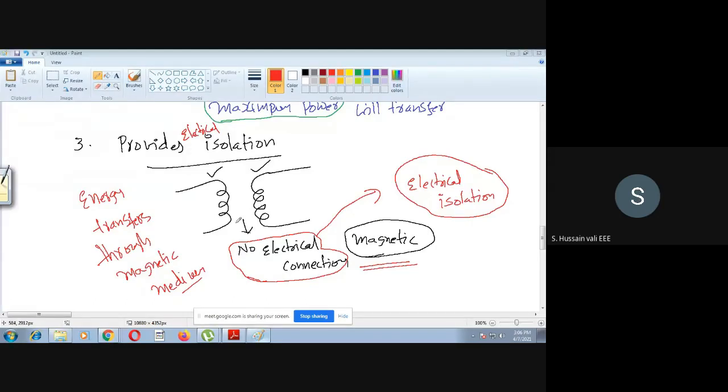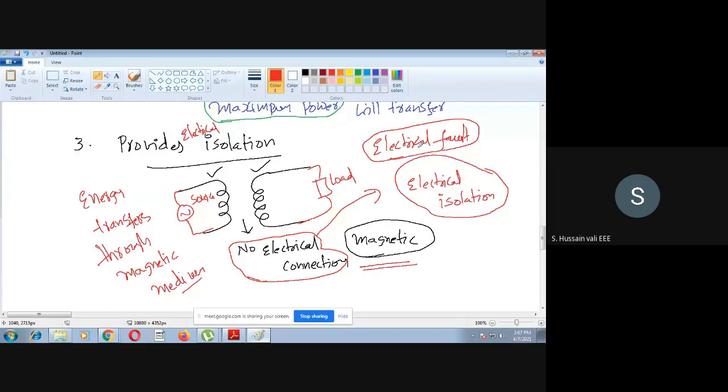The advantage is simple. You see here, this side you have a source, whereas this side you have a load. Say, for example, there is some electrical fault, in the sense of some short circuit or any kind of electrical problem, which may be very dangerous.